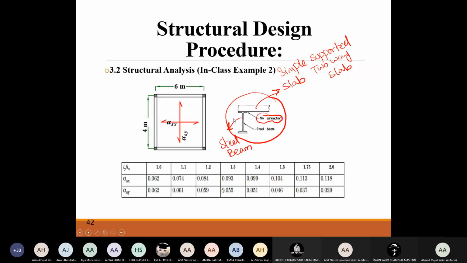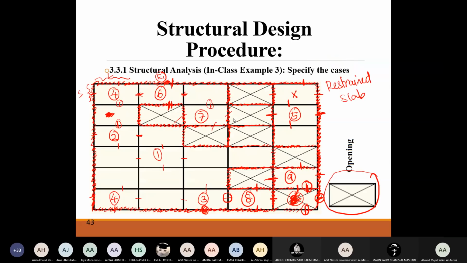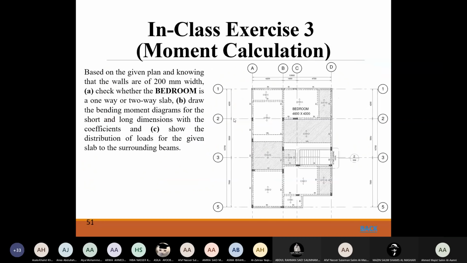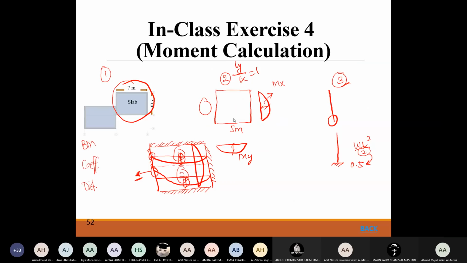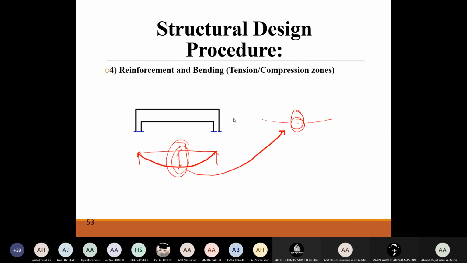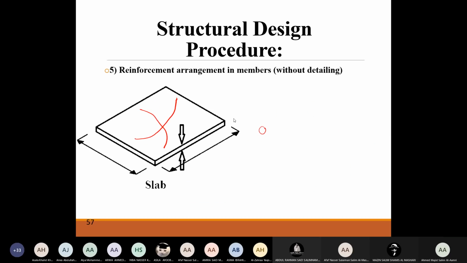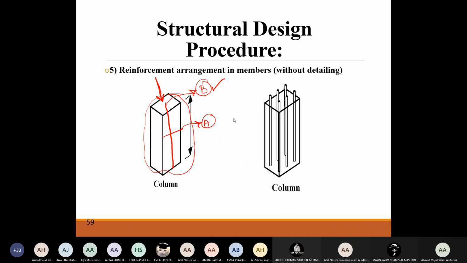This was a simple support. For a simple support, we use this table. There is only one small table which has no cases because it's a simple support. For the restraint, do you remember that we have taken 9 cases? Is it important for me to know which table to use, the small table or the large table?